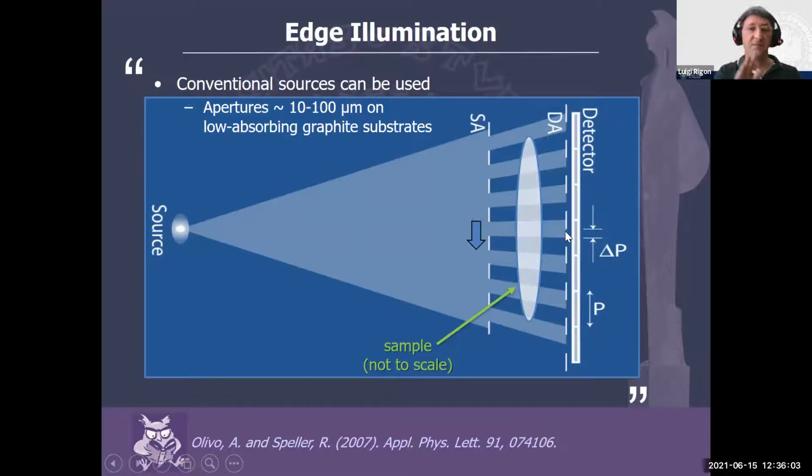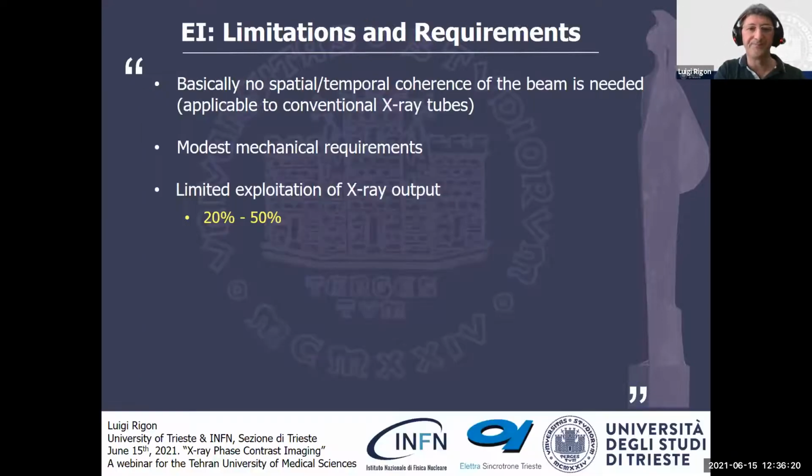It's more or less the same thing as when you tune the analyzer. You change the relative displacement between the two masks and you can have all the different positions on this illumination curve. So the nice thing about this technique is that it has modest mechanical requirements and basically no spatial or temporal coherence is needed. So you can apply it to conventional X-ray tubes.